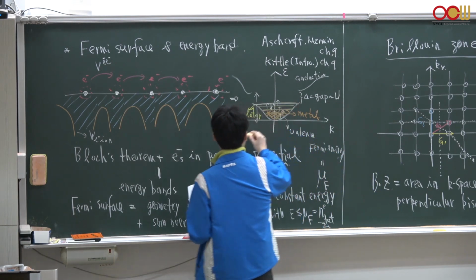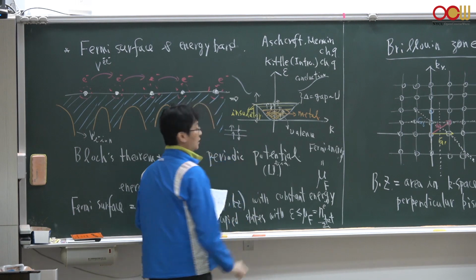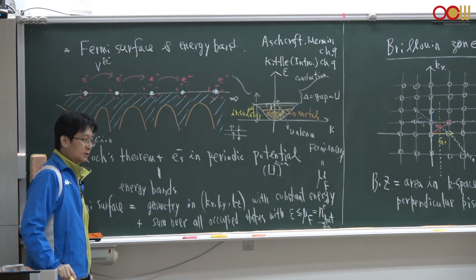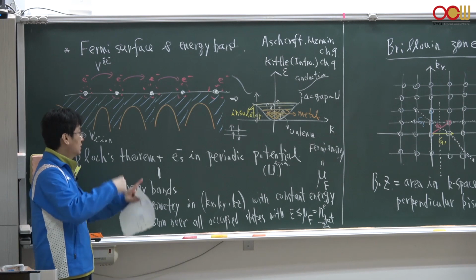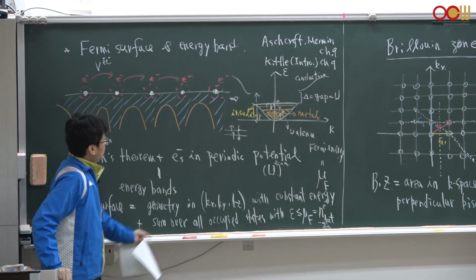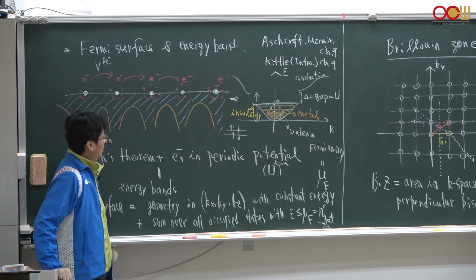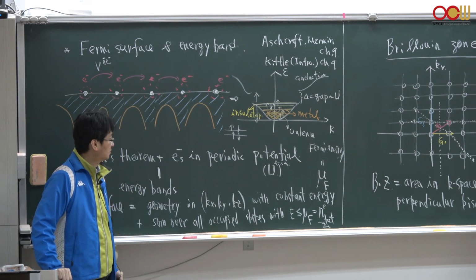Okay, so that comes from the Pauli principle that each energy level could at most populate 2 electron states with opposite spins, and the number of energy levels multiplied by 2 is equal to the number of electrons populated in those states.